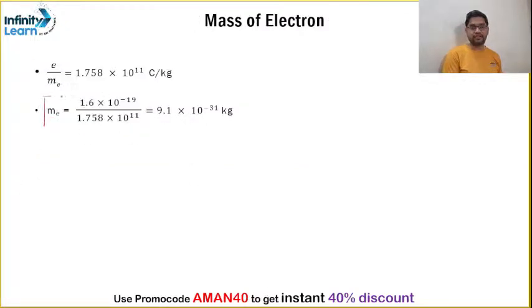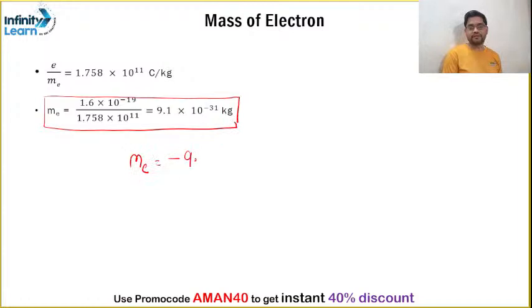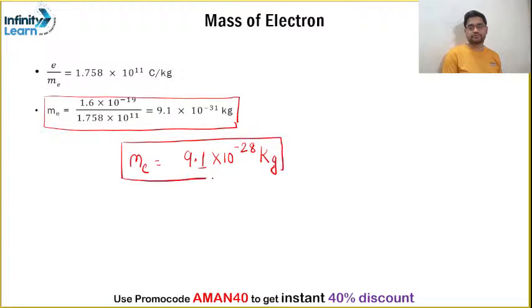The mass of electron comes out to be 9.1 into 10 raised to minus 31 kg. Clear?